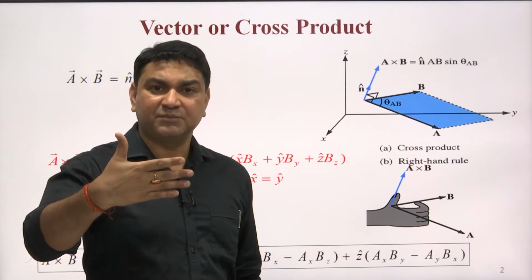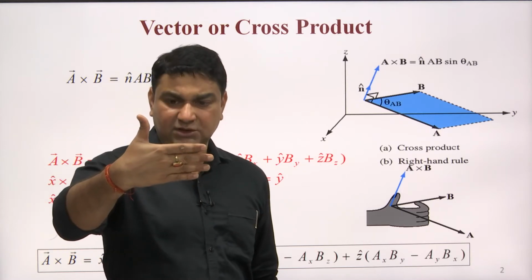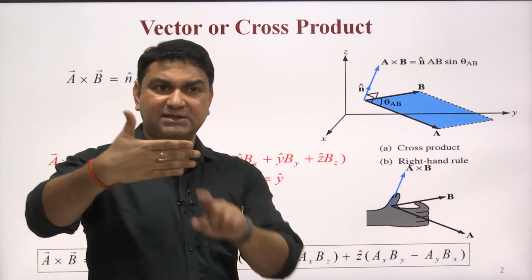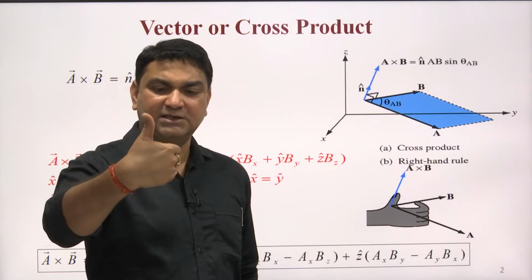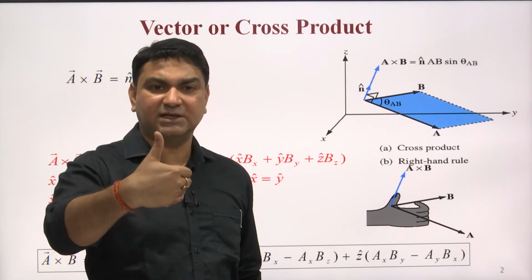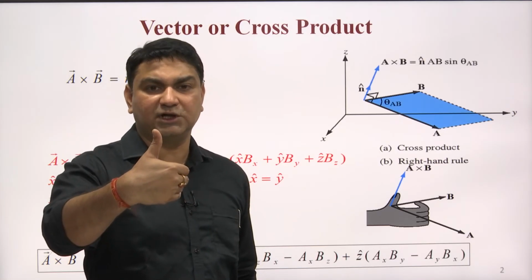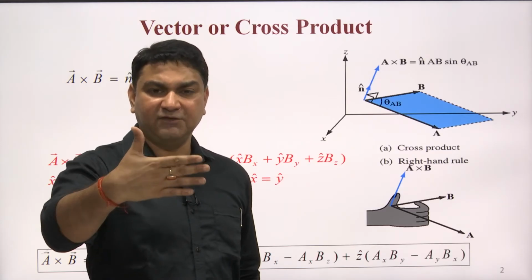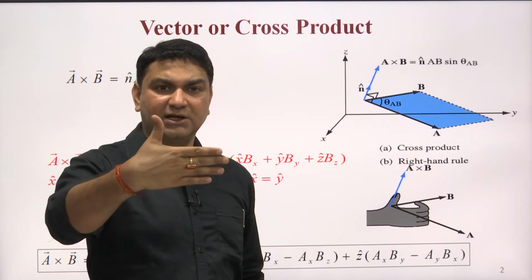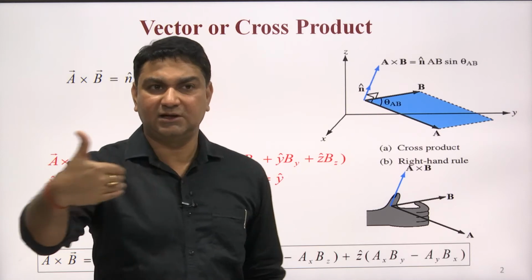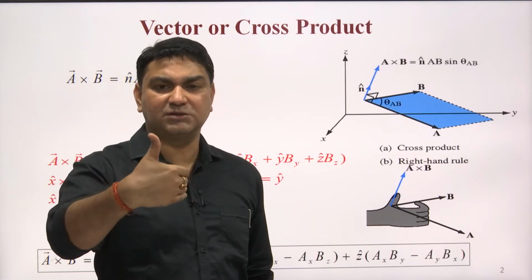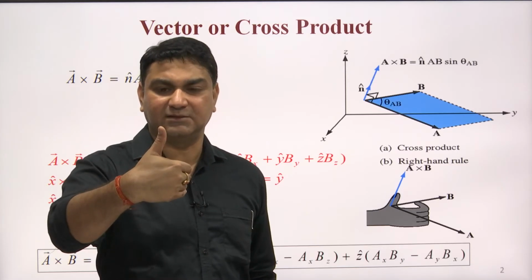If we hold my right hand like this, then the x axis is this horizontal line, this is y, and the direction of this thumb describes the direction of the cross product of the vectors A and B. In the same way, if the direction of vector A is this one horizontal, and the direction of y is this one, then the cross product A cross B is in the thumb direction.